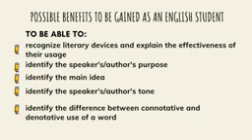The first one is recognize literary devices and explain the effectiveness of their usage. Next, identify the speaker's or author's purpose. Next one, identify the main idea. Identify the speaker's or author's tone. Identify the difference between connotative and denotative use of a word.